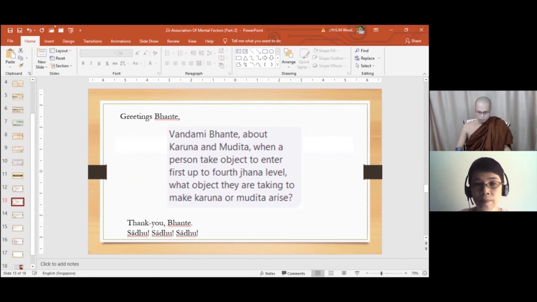The other objects are like breathing, kasina, and also asubha, like this. So in other meditation subjects, the level of the counterpart sign can be the object of other jhanas. Okay, thank you, Bhante.